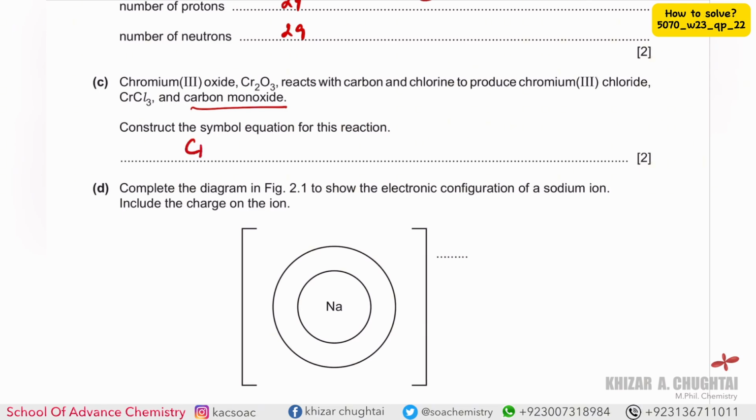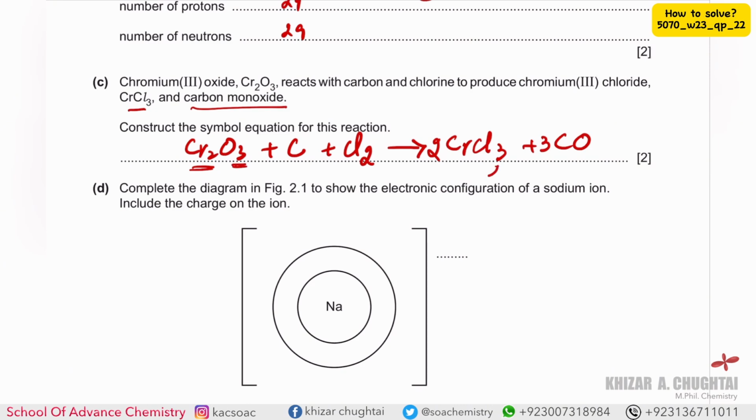So Cr2O3 reacts with carbon and chlorine Cl2 to make chromium 3 chloride CrCl3. Obviously it will be 2 moles because we have 2 chromium atoms over here, plus carbon monoxide, and obviously it will be 3 moles of CO because 3 oxygens are over here.